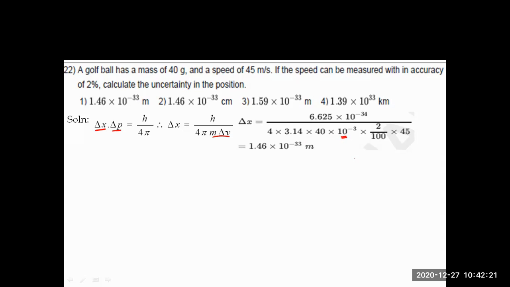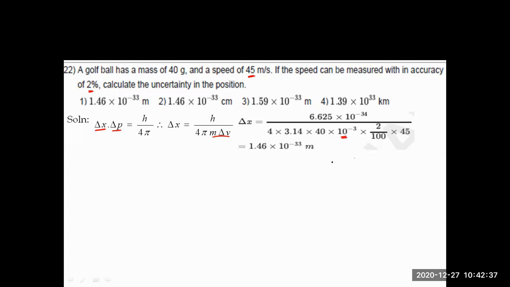Am I right? Now delta v is 2% of the velocity. How much is velocity? 45 meter per second, and uncertainty is 2% of that. So 2 divided by 100 into 45.